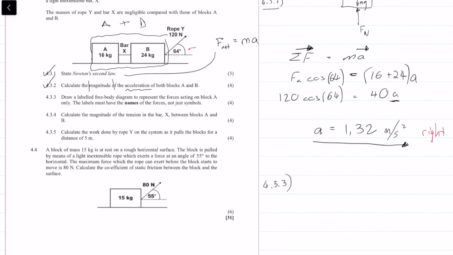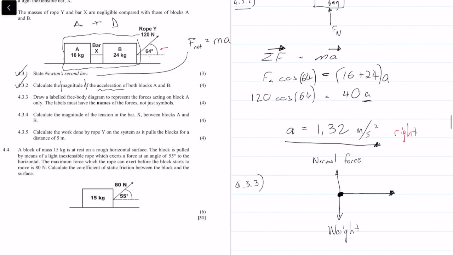We're drawing a free body diagram. We've got a circle there, and the forces acting on A: we've got weight, then we've got normal force, and we've got the force of tension.